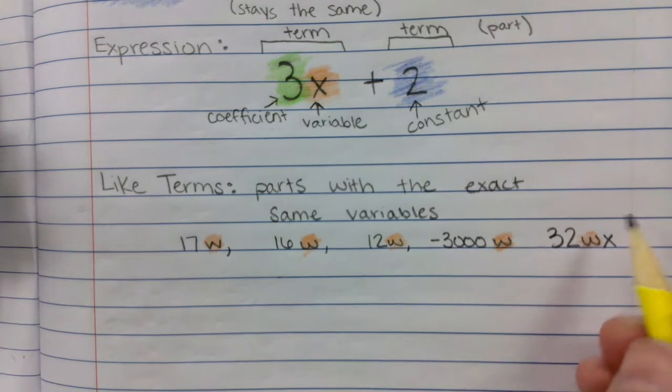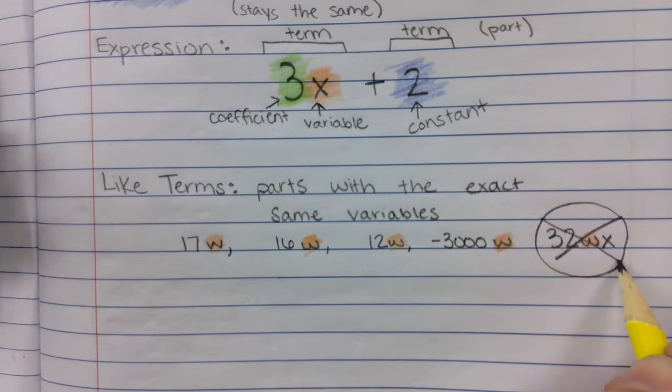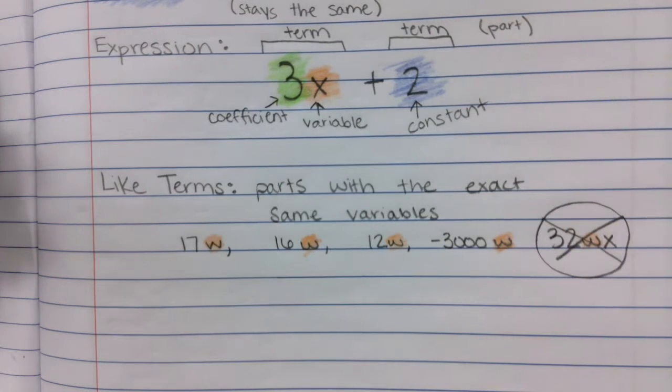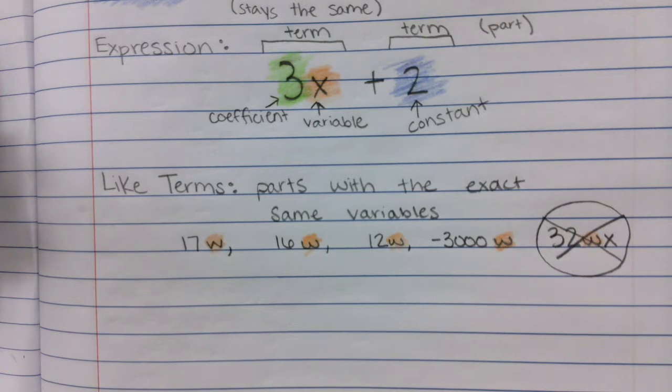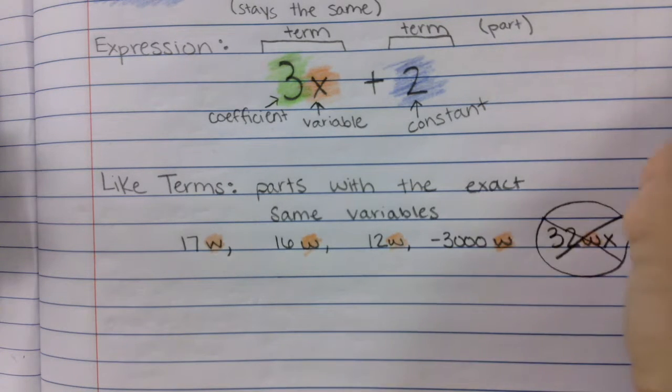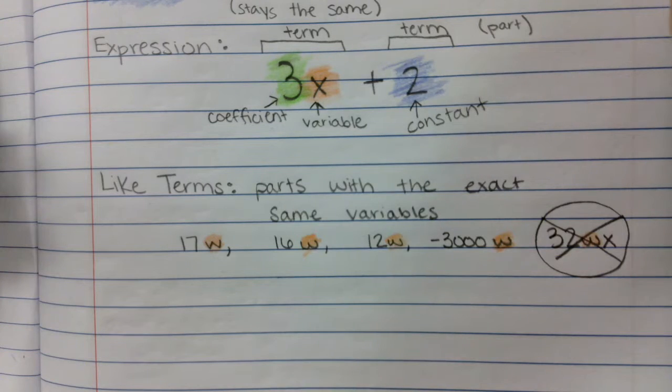So if you want to write it, just so that you know that's not an example, write it and cross it out, say it's not, or maybe you write not the same or not like terms next to it. If you don't want to write it because you know that's not a like term, that's fine too. Alright, so that one does not work. Even though it has a W, it's not the same.